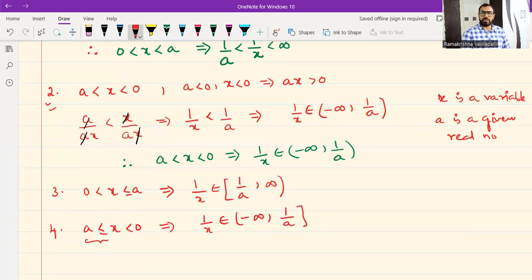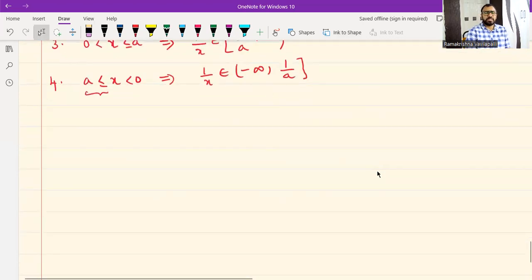So these parts are over. We can write some simple examples. For example, one: if x lies between 0 to 2, then what will be 1 by x?